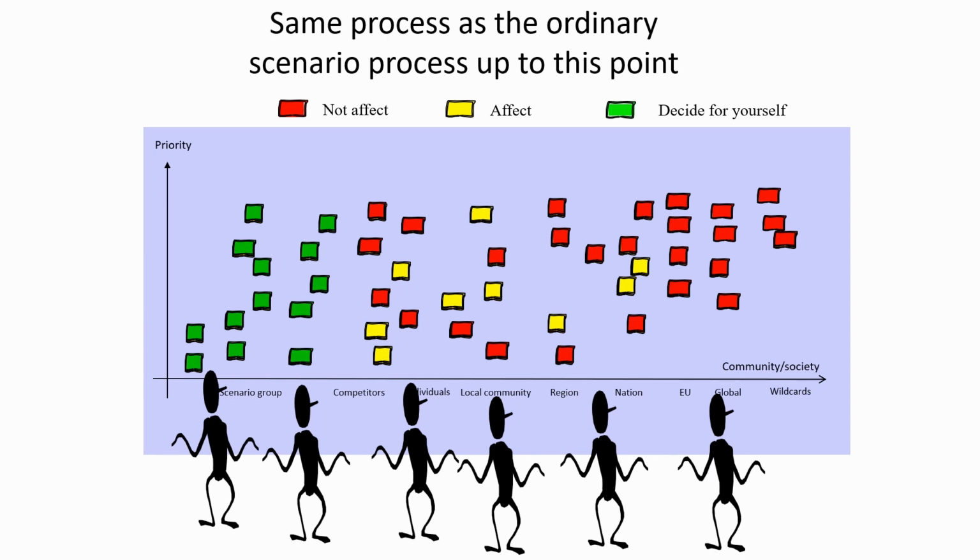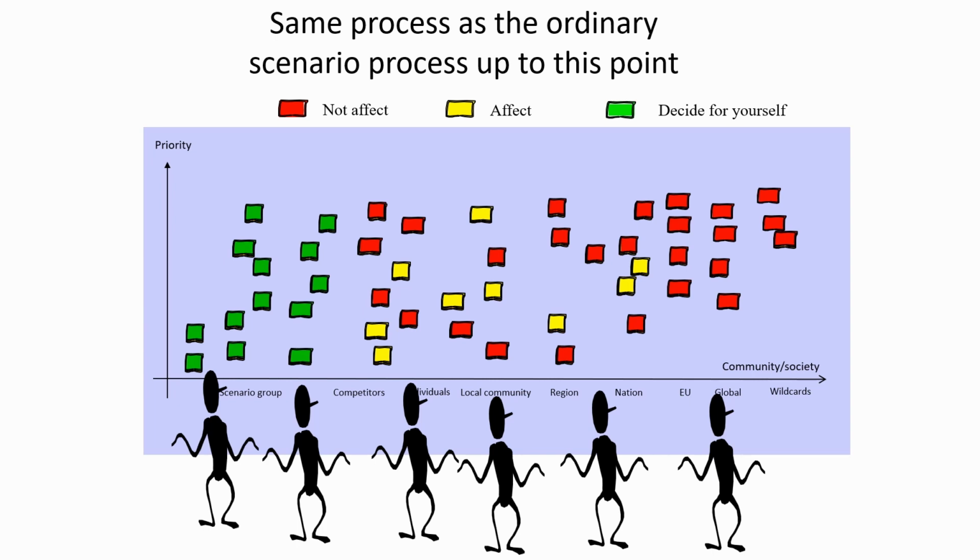The scenario group goes through the same process as in the ordinary scenario process up to the point where the group has to select the threats and opportunities that define the scenarios. Instead of choosing two threats and opportunities, the scenario group leaves the scenario board to experts and they analyze the connections between the threats and opportunities on the scenario board.